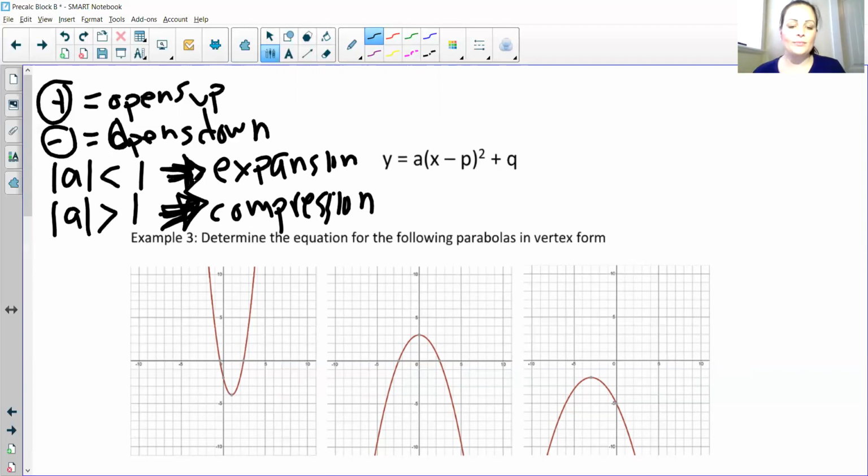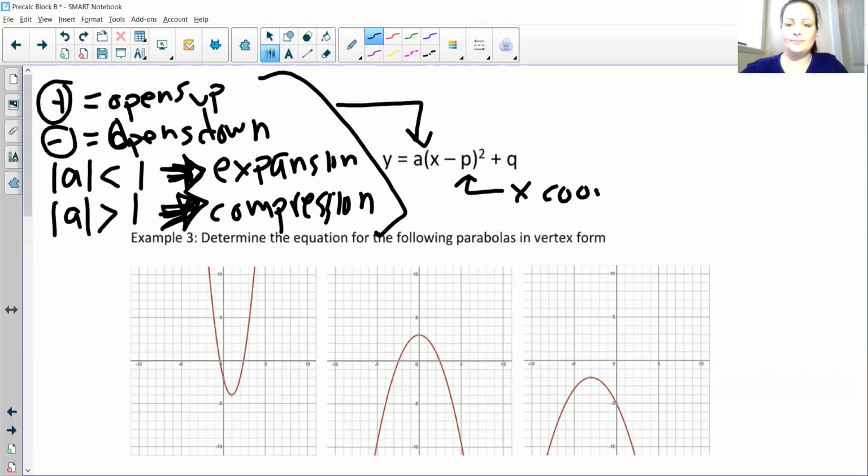Okay, so all of this is given to us by what is in the A position of a quadratic when it is provided to us in this format. What the value in the P position tells us is the x coordinate of the vertex.